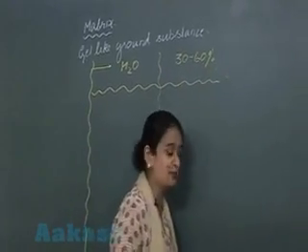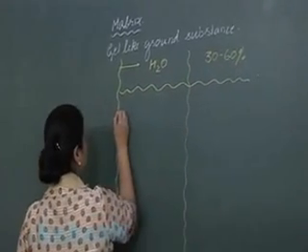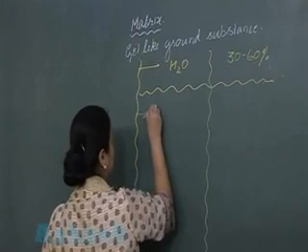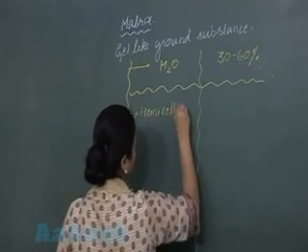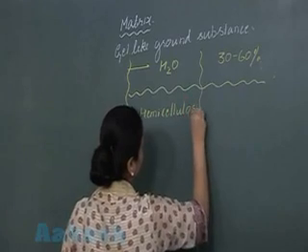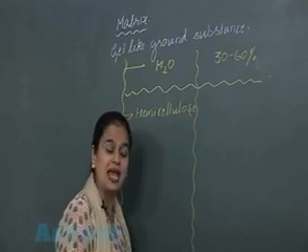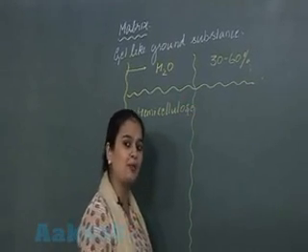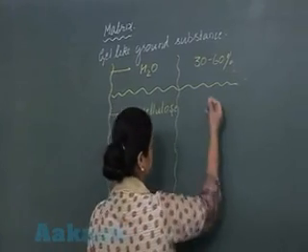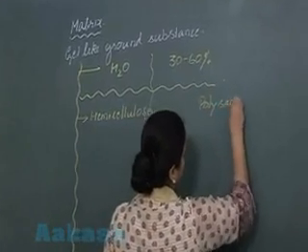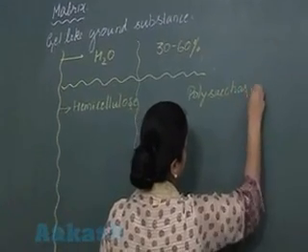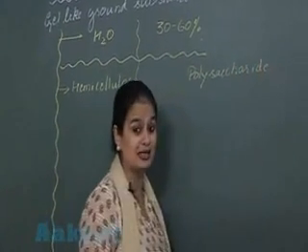Now the next component present in the matrix, that is hemicellulose. Now this hemicellulose, it is a polysaccharide. So what is a polysaccharide?